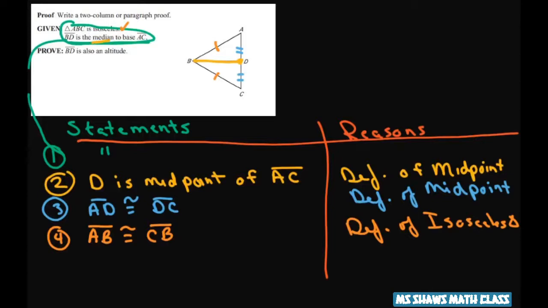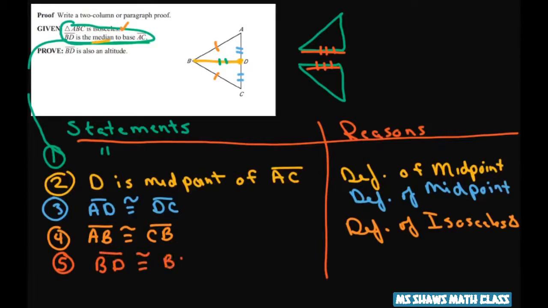All right, and let's write, so based off that, we also know that this side, if you separate these triangles out, these are the same length here, so they're congruent. So the way we write that is we write that BD is congruent to BD.